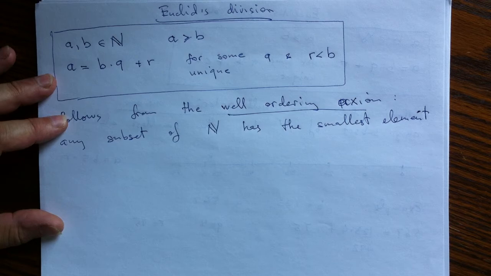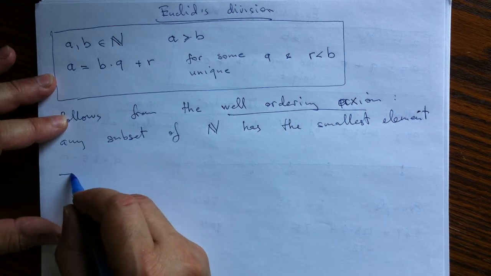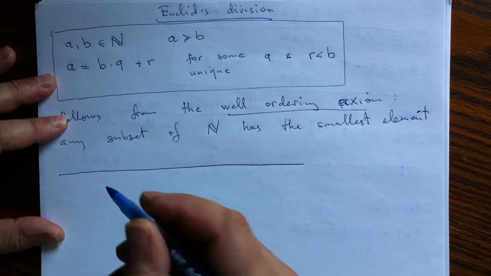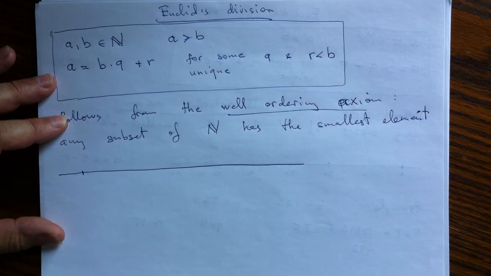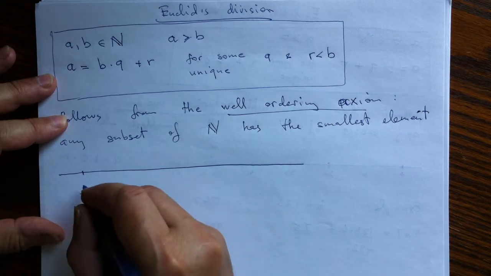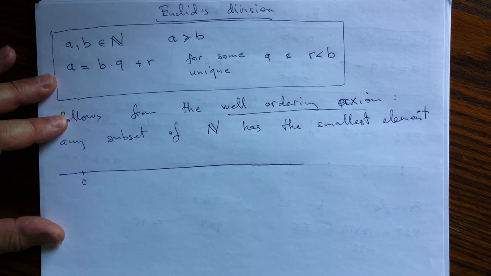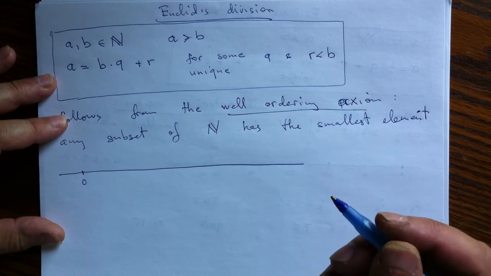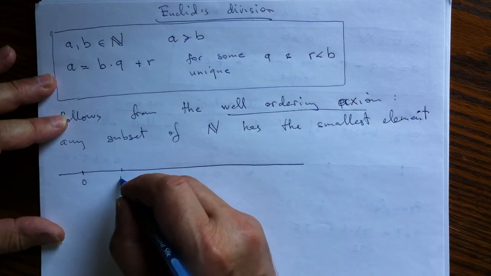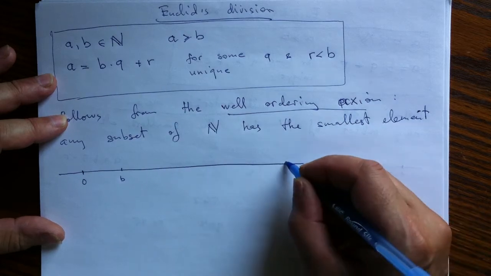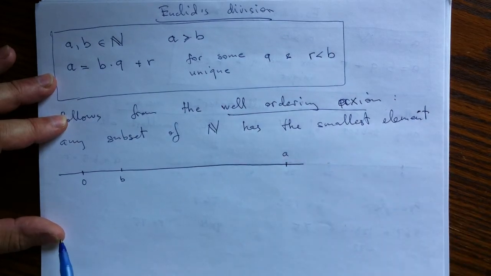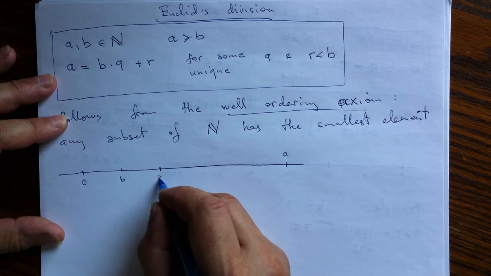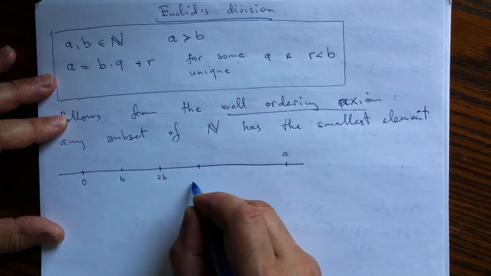Just to give a hint, let's look at the geometry of the situation. Let's put our natural numbers on a number line. Here somewhere we have this 0 point, and then we have the number b, and then somewhere here the number a. And then we use b as a measuring stick and measure how many copies of b we can fit inside a.